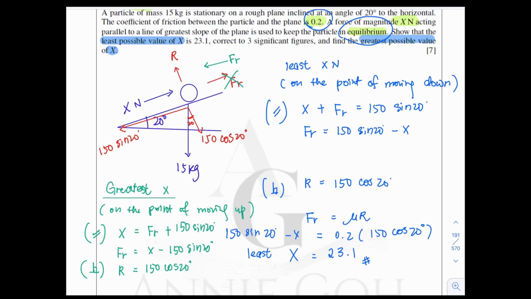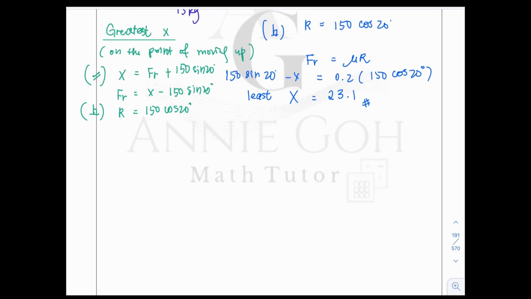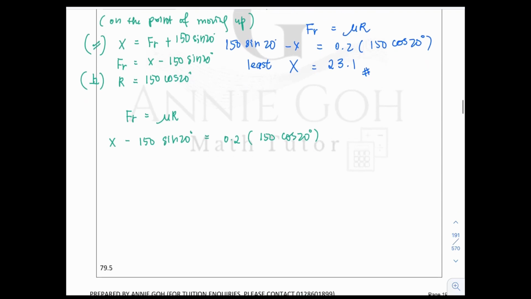So again, we can link the friction and the R by using this formula: friction equals mu R. So you just need to sub in x minus 150 sine 20 degrees equals to the mu, which is given in the question, 0.2, and the R is 150 cos 20. And eventually the x should be equal to 79.5, and this is our greatest x.